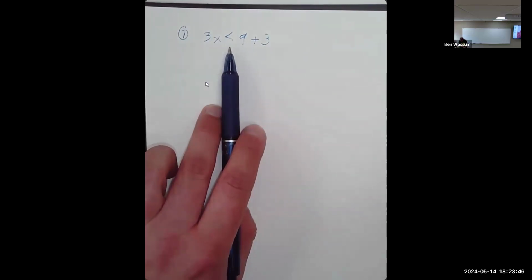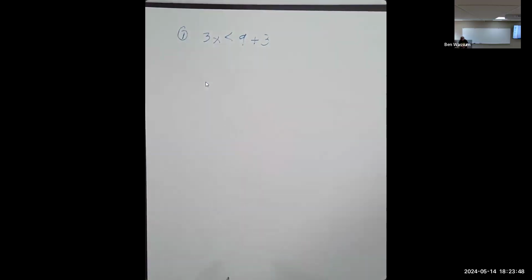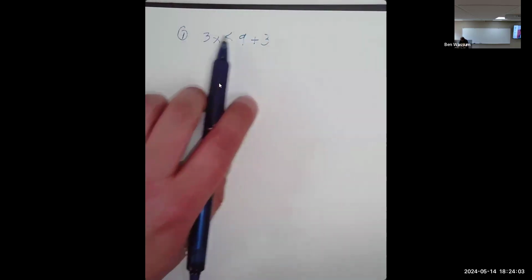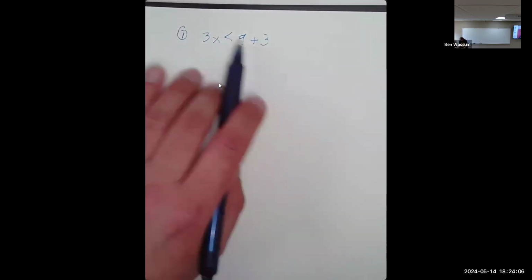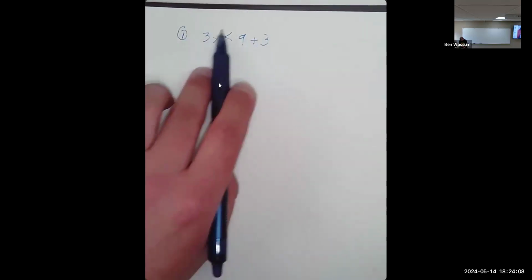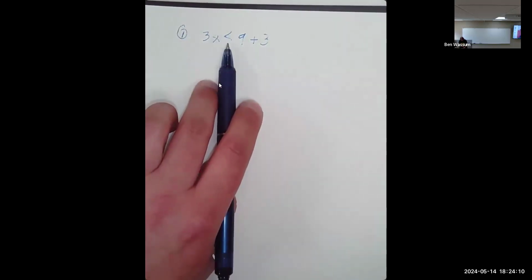3x is less than 9 plus 3. Now, for the most part, when you have an inequality, you're gonna just solve it like you normally would if that was an equal sign. There's only very select situations where you wouldn't. As it is right now, all I'm gonna do is just solve this as if there's an equal sign.